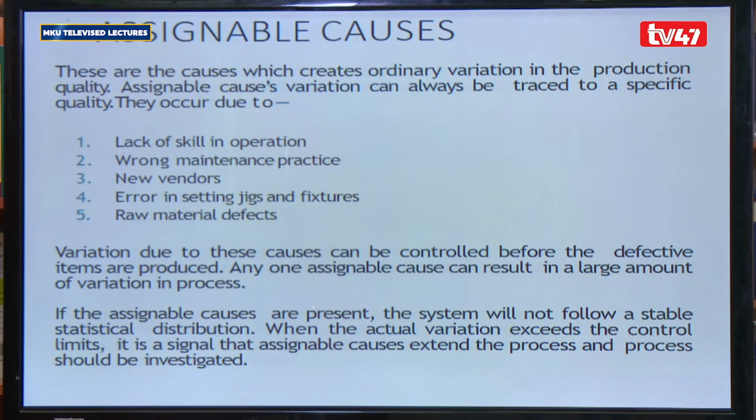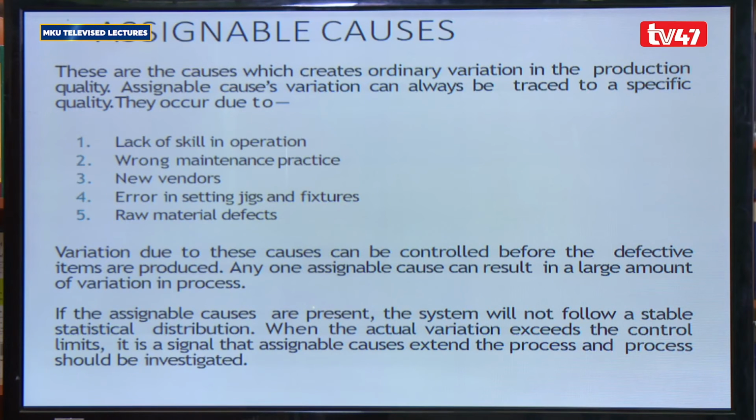Then we have assignable causes, and these are the causes which create ordinary variation in the production quality. Assignable causes may result from either lack of skill in operation, or poor maintenance practice on the equipment involved in the production. When we have a new vendor to supply either the raw materials or to do a certain intermediate production process.